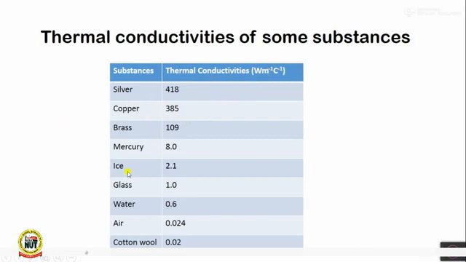Copper 385, brass 109, mercury 8.0, ice 2.1, glass 1.0, water 0.6, air 0.024, and cotton wool 0.02. Now it means that silver has highest thermal conductivity, followed by copper, followed by brass.